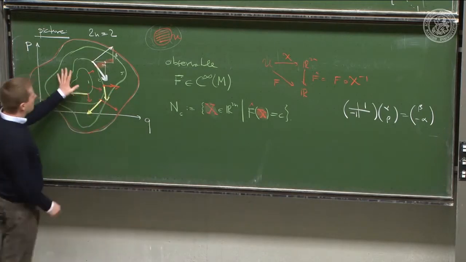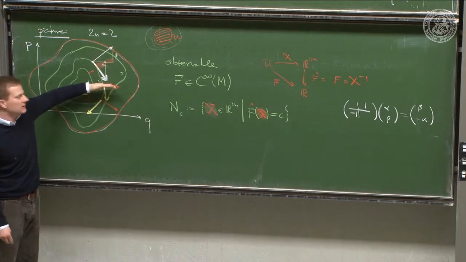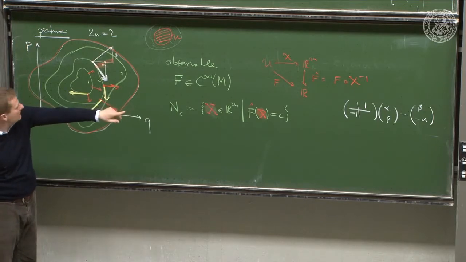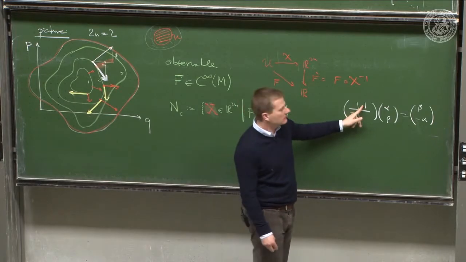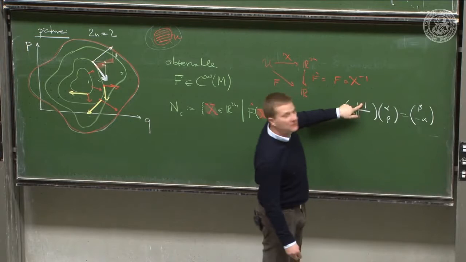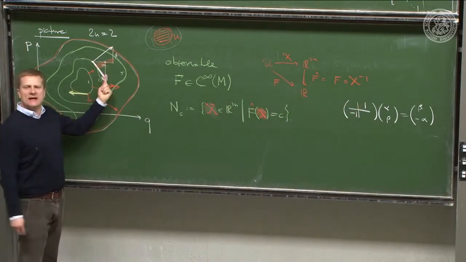So if you understand the level sets and the gradient field, you flip these guys in a certain direction. Had the minus been up here instead of here, like we have in the omega, but this is the omega sharp, it would be an overall minus sign. They would point in the other direction.